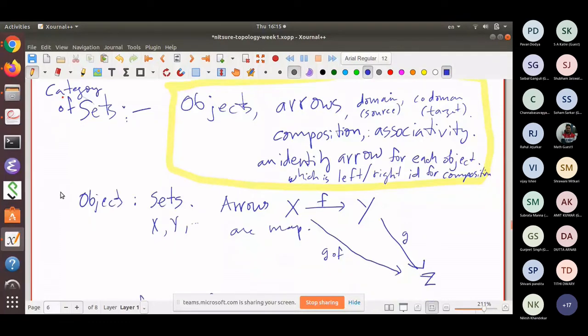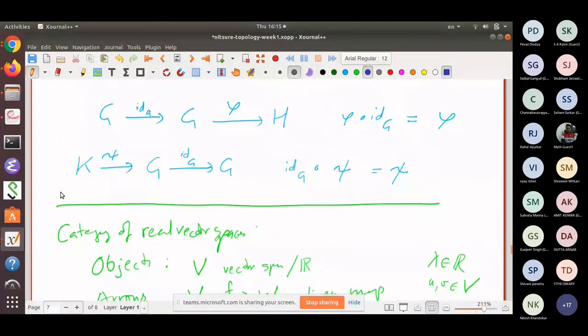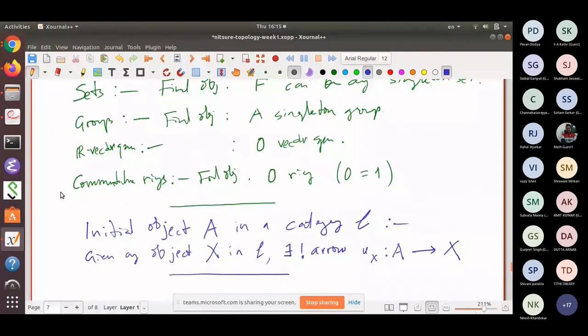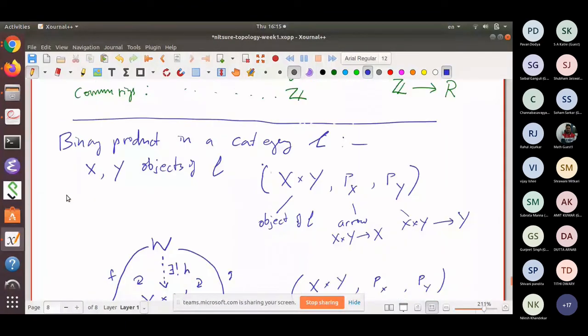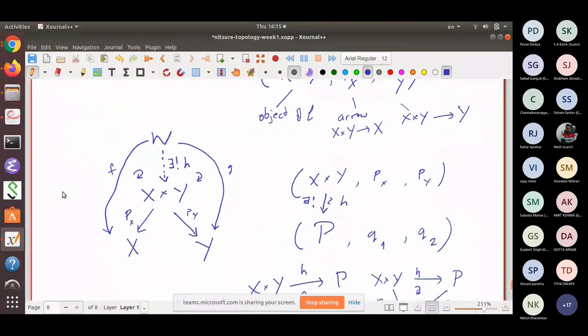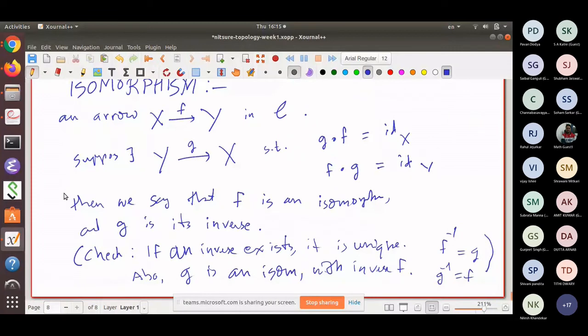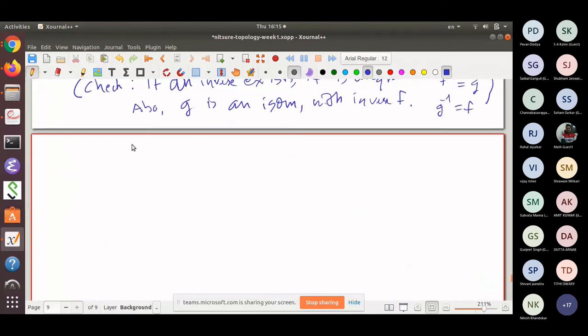So category theory is an abstract presentation of many of the common arguments you have always made. At this point, I have told you what's a category, what are isomorphisms, what are binary products, what's an initial object, what's a terminal object, and I am going to tell you what's a coproduct. Binary coproduct. So this is still theoretical stuff.